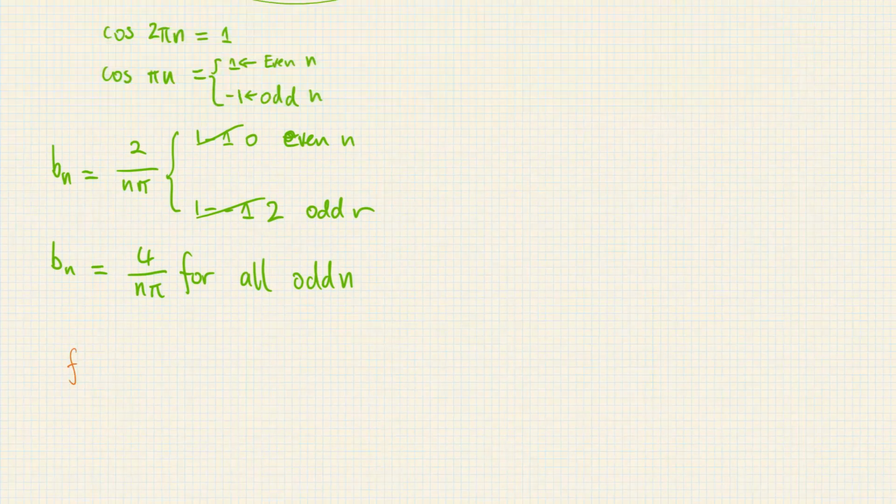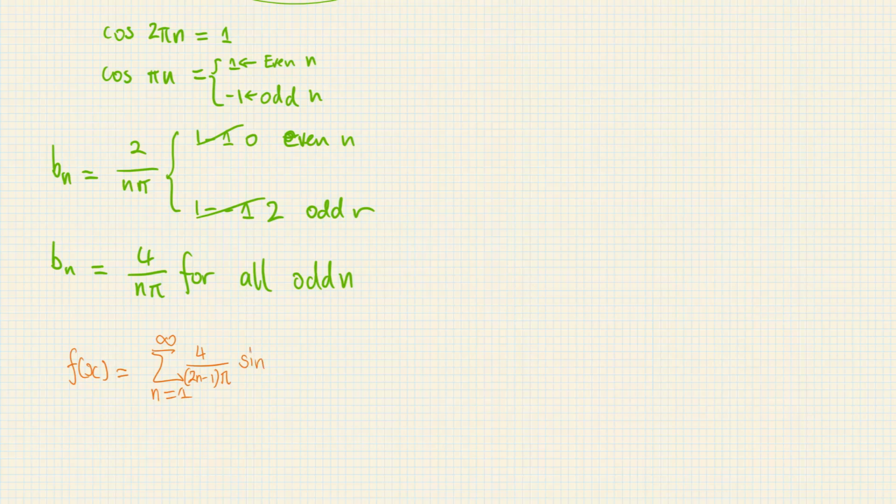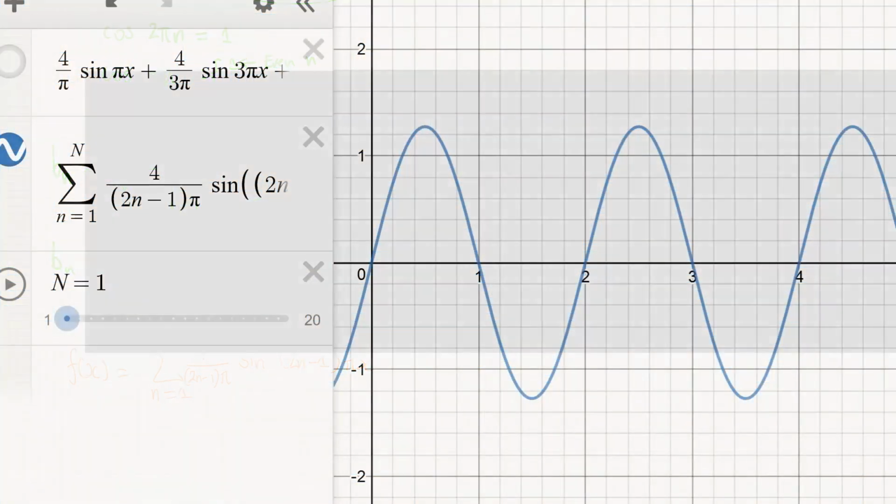So f of x is equal to the sum from n equals 1 to infinity of 4 over, so for odd n, we can write n like this, 2n minus 1 times pi, times the sine of, again, 2n minus 1, because we only want the odd n's, times pi x. And that's our answer. I'm going to graph the result.